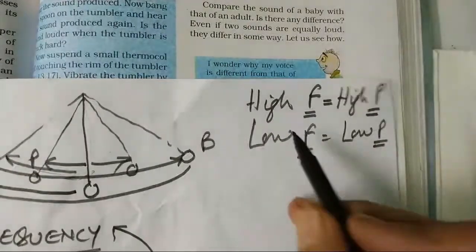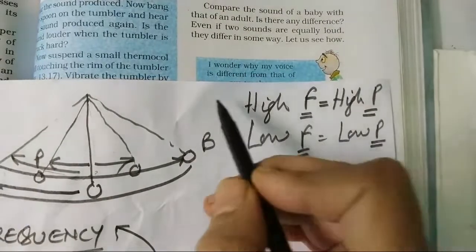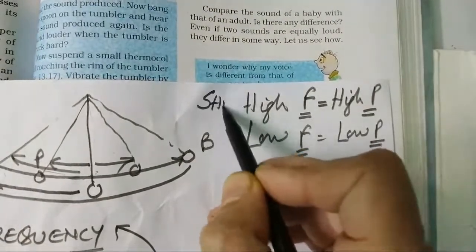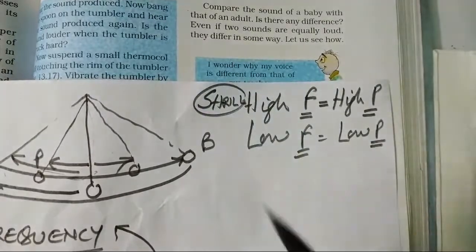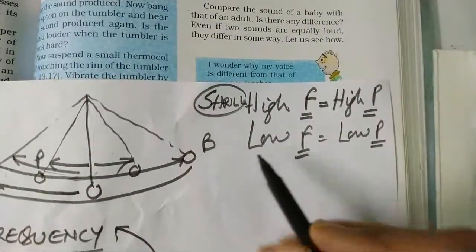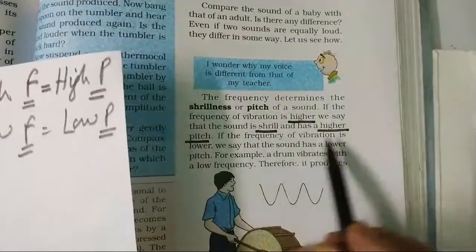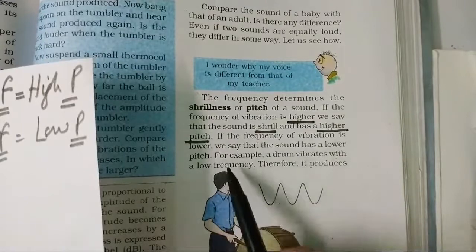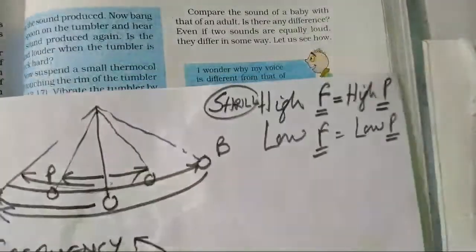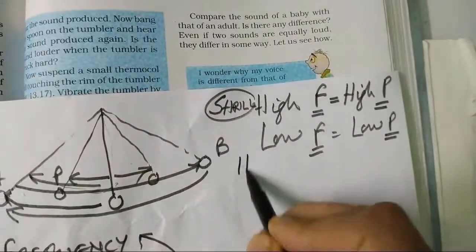Here high frequency means high pitch, and that means shrill. And this is heavy sound. If the frequency is lower, the sound has lower pitch, and therefore I can say it is heavy sound.